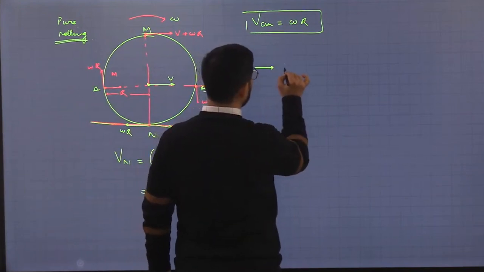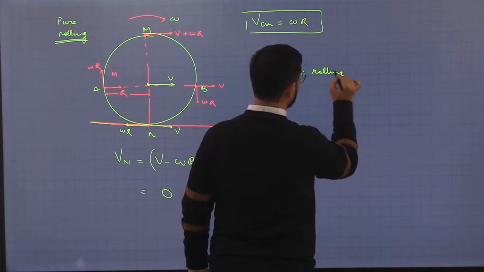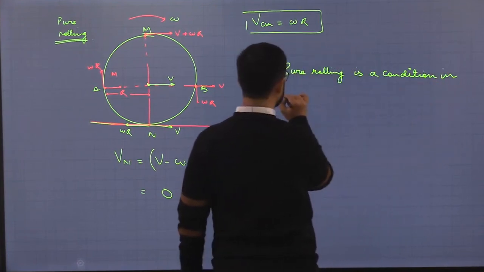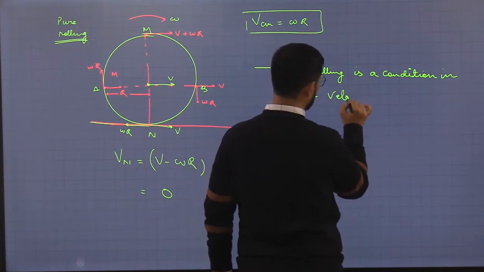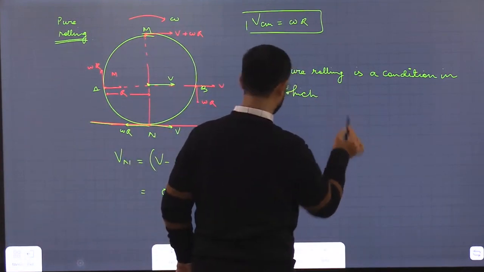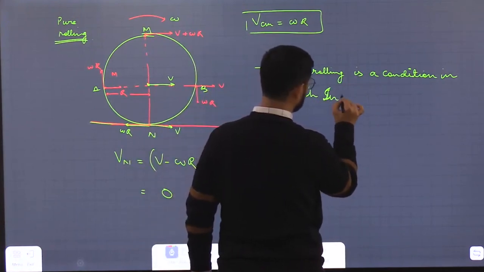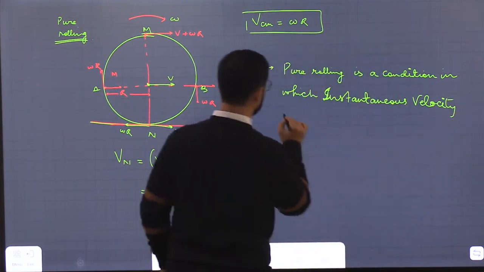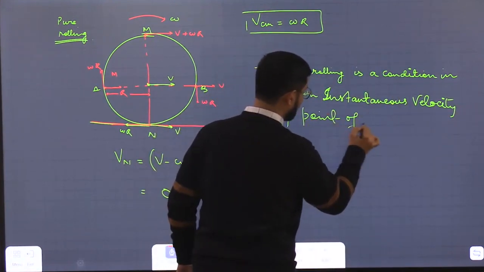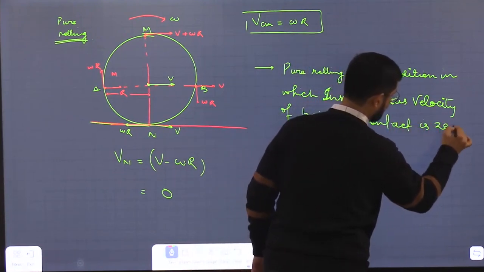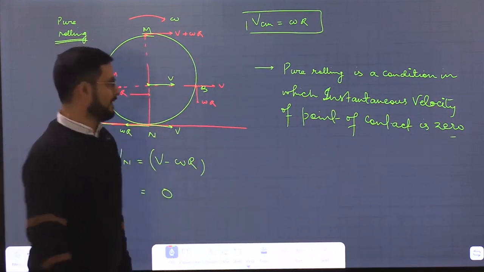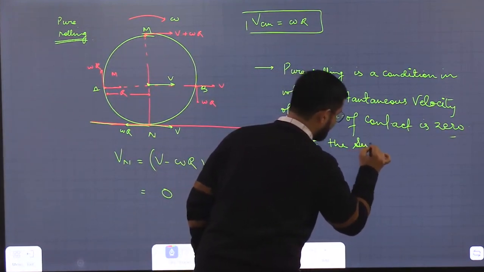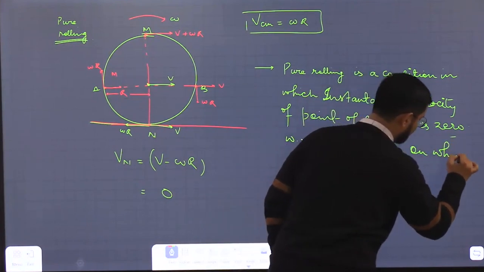And the most important thing, it is 0 with respect to the surface on which it is moving or rolling.